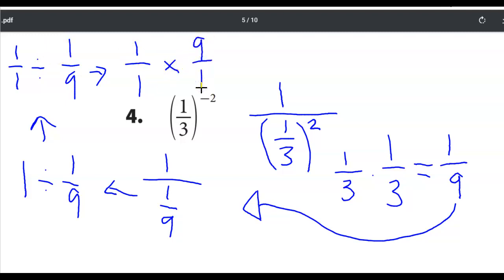I flip this guy, and then I multiply straight across. Get the same answer. 1 times 9 gives us 9 over 1. And there's our final answer. 9 divided by 1 is really 9, right? So, all this quick work right here, the answer to this would just be 9.